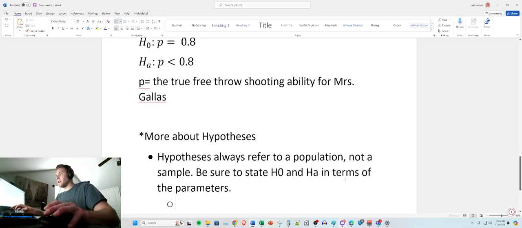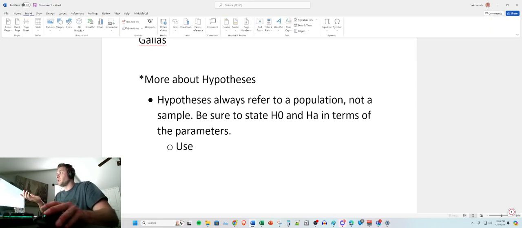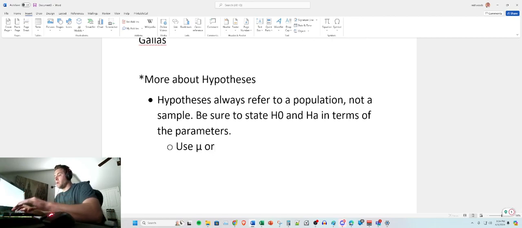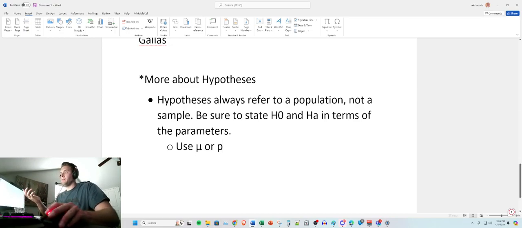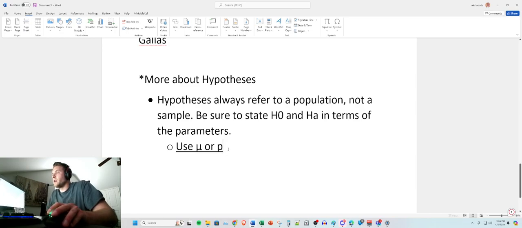So before I write on here, what we're going to use is either mu or P. That's it. That's all that you should ever see for your parameter.